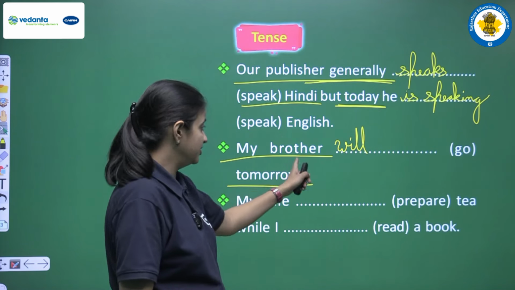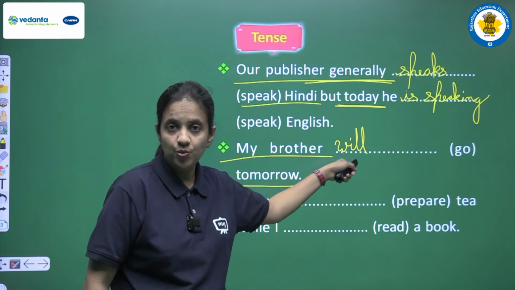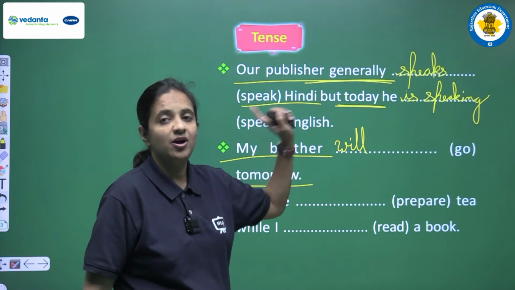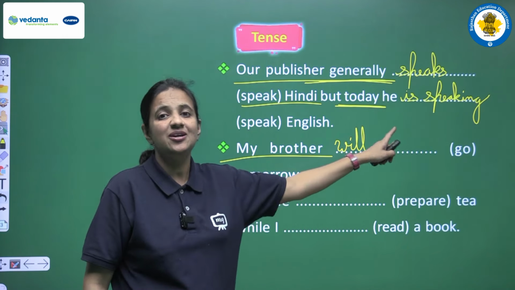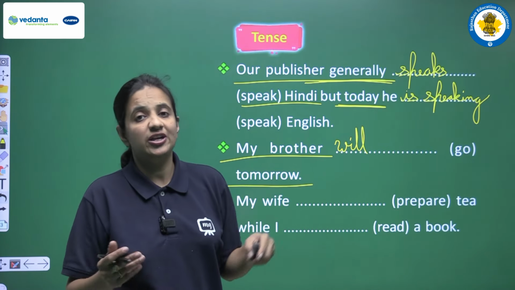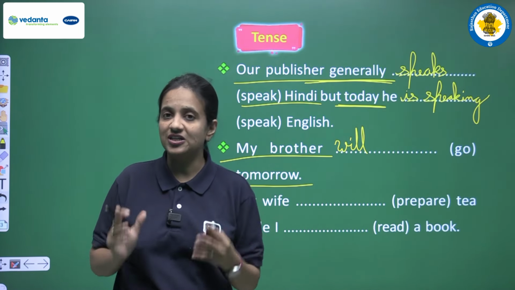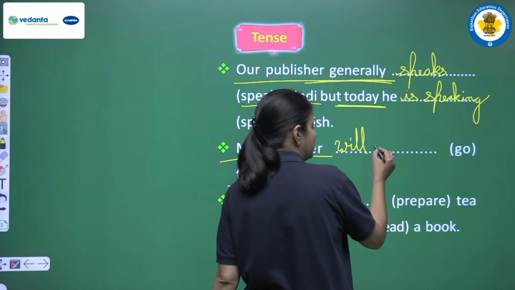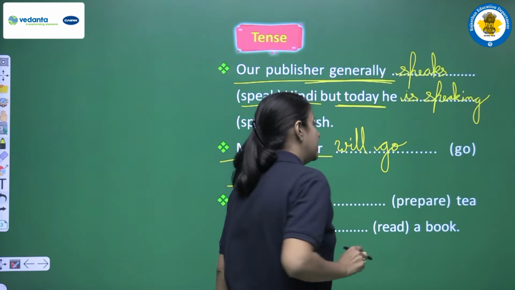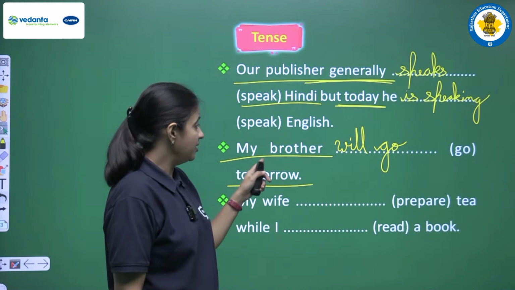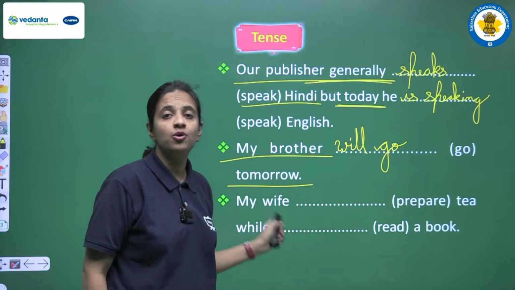So for brother we are writing will first of all. Now let's talk about the main verb. As a main verb, in the bracket we are having go. So in future simple tense we have to write first form of the main verb. So we will write go here, and the complete sentence will be my brother will go tomorrow.